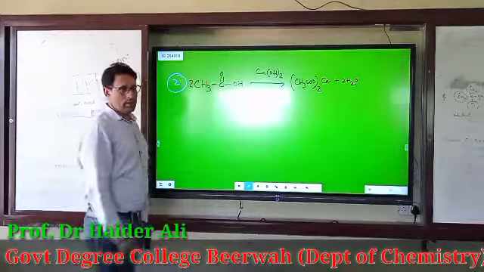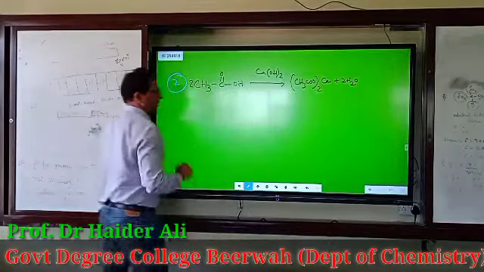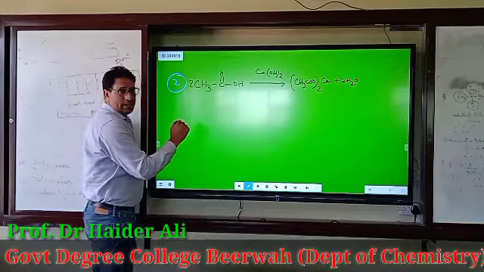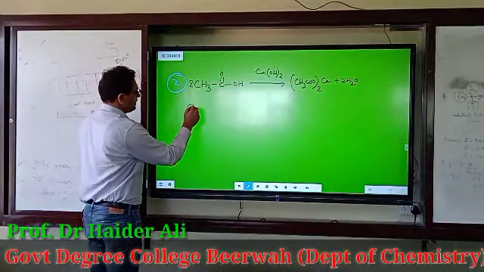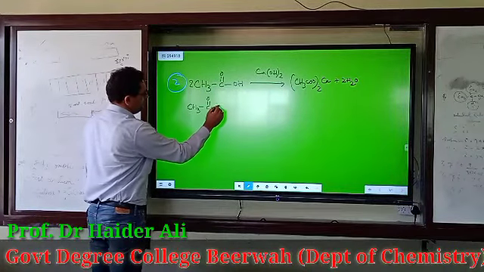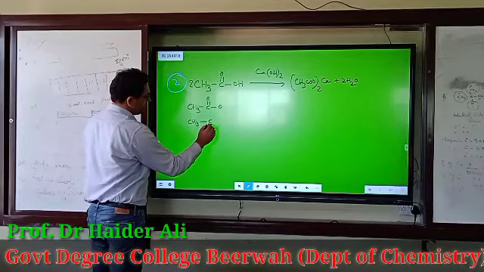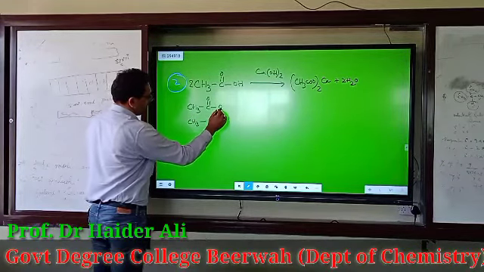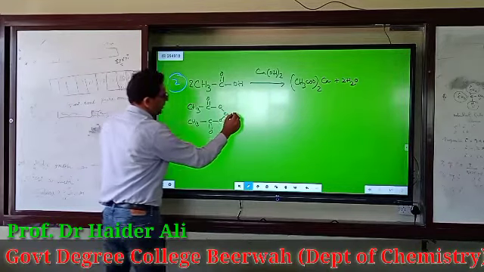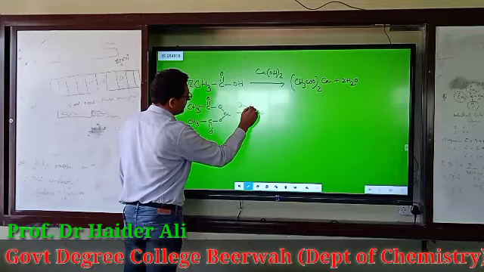This is called calcium acetate. So what do we do in the second step? We will take this calcium acetate, CH3 C double bond O with calcium, and heat it or carry out its dry distillation.